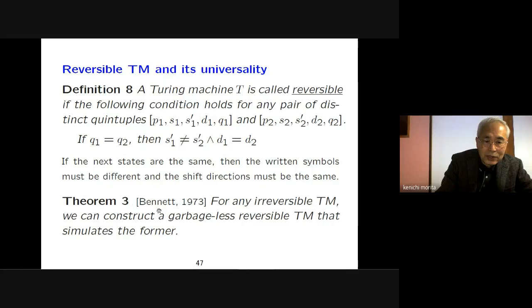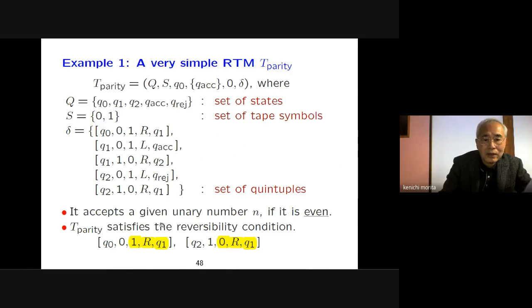As for reversible Turing machines, the following theorem has been shown by Bennett. For any irreversible Turing machine, we can construct a garbageless reversible Turing machine that simulates the former. I now give a very simple example of a reversible Turing machine, T Parity.